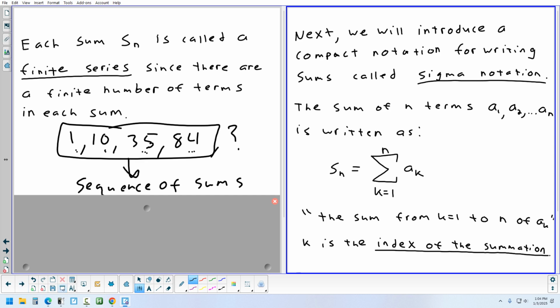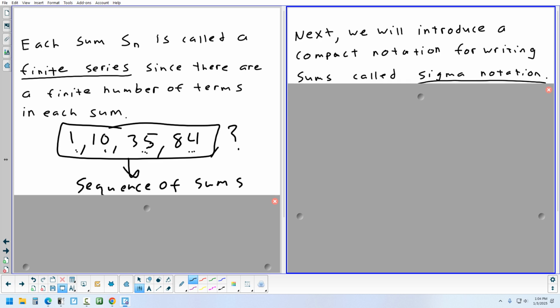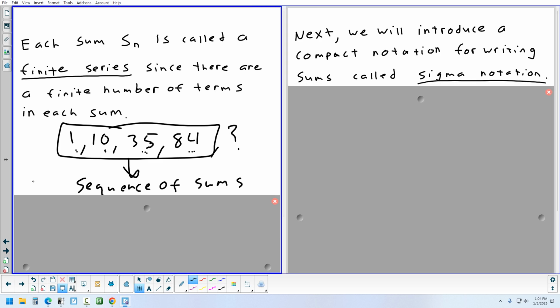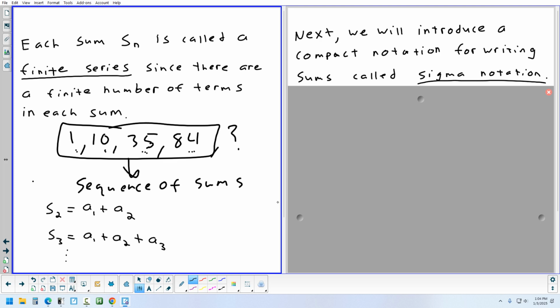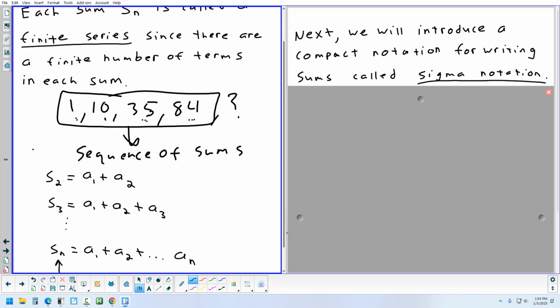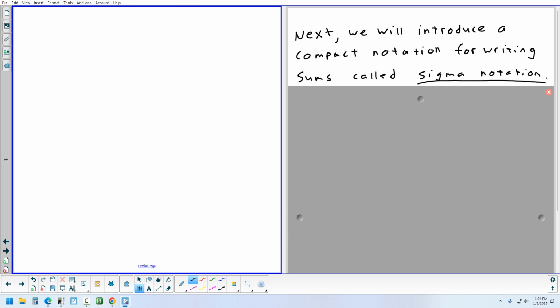So, writing out a sum can be very long. Like, let's say that I wanted to write out the sum of every number from 1 to 100 going by ones.